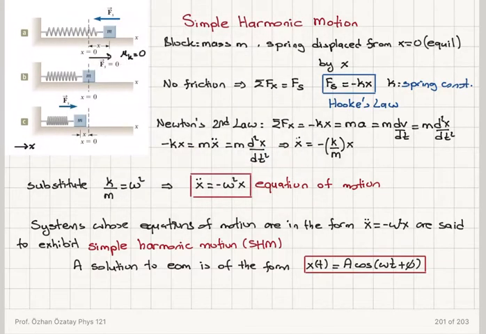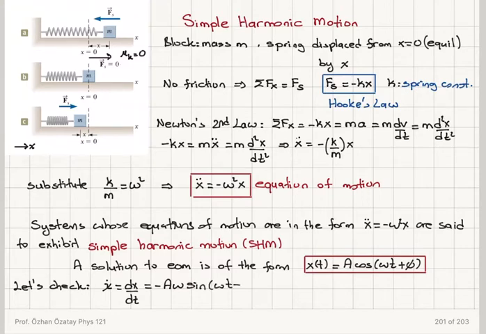So basically I'm suggesting that this is the function of time that satisfies this differential equation. Since you don't know yet how to solve differential equations, we can just suggest a solution and then check if it does satisfy the differential equation.